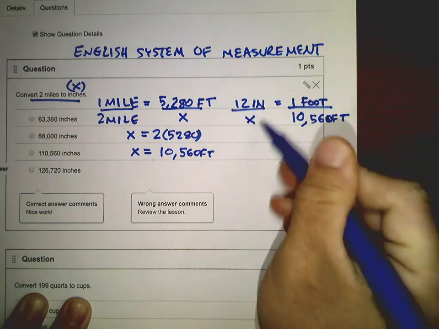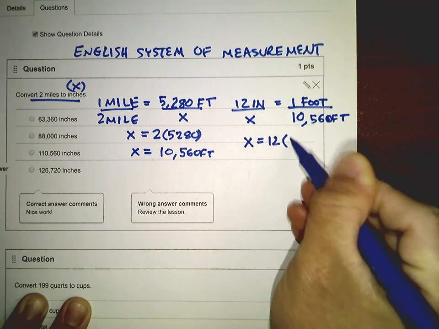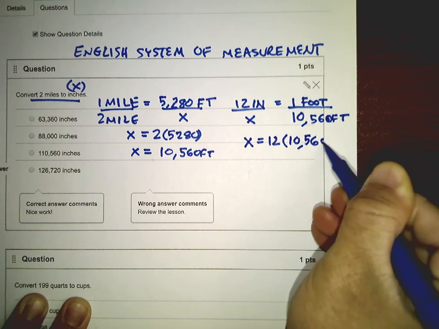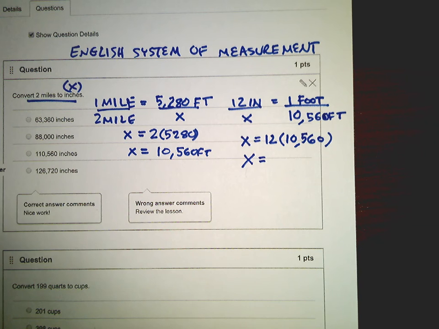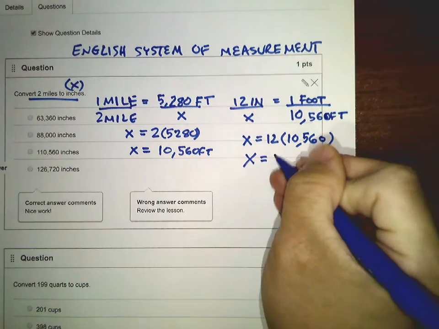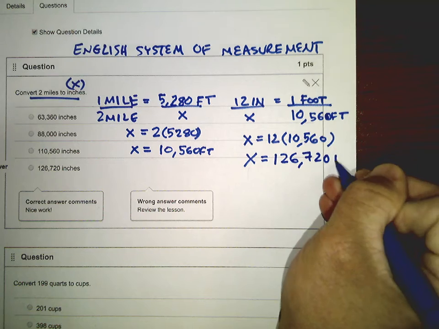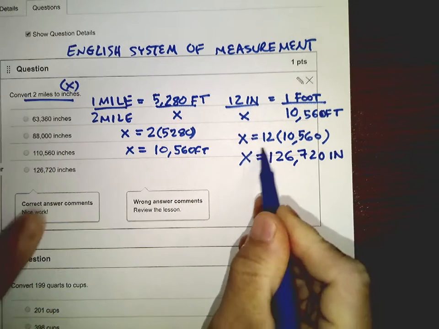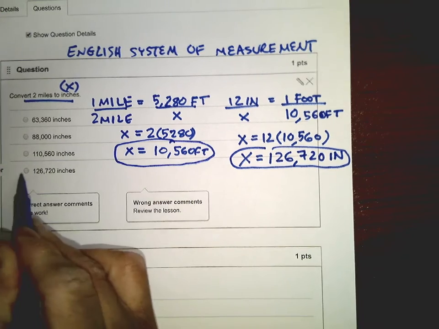So we'll just cross multiply. x is equal to 12 times 10,560, and 12 times 10,560 is 126,720 inches. All right, so there is our answer right here.